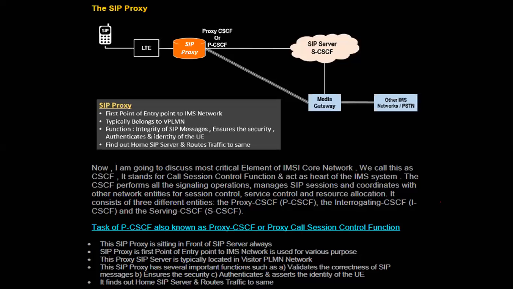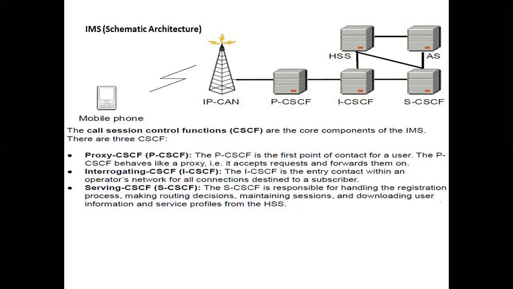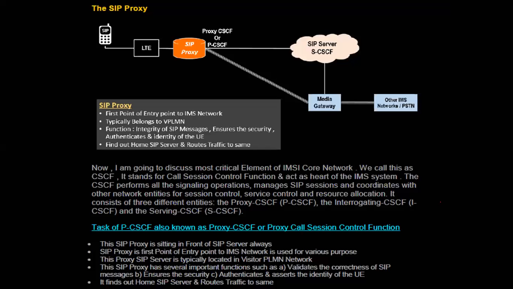So in the previous slide we just gave an overview of what the P-CSCF, I-CSCF and S-CSCF are. Now we are learning about them in detail. We also call the P-CSCF a SIP proxy or proxy CSCF.